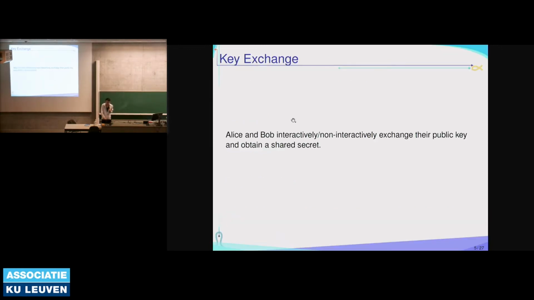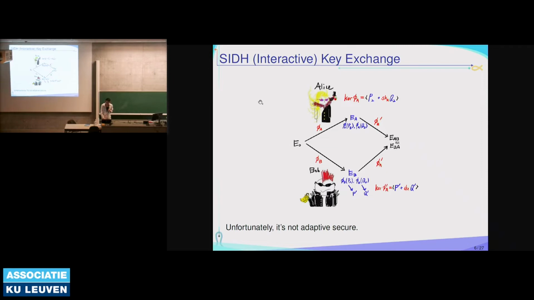What's key exchange? Just Alice and Bob, they interactively or non-interactively exchange their public keys and obtain a shared secret. So this is the SIDH key exchange, and I will explain how it actually works later.